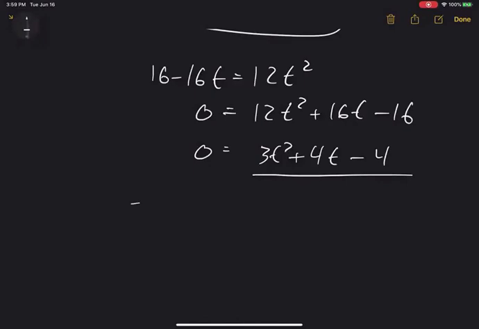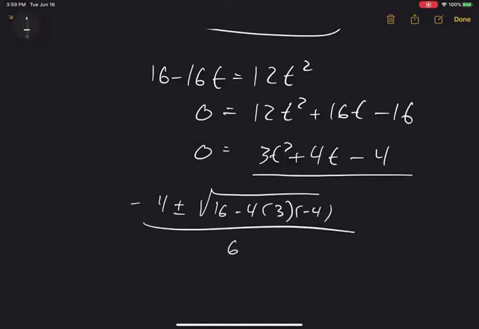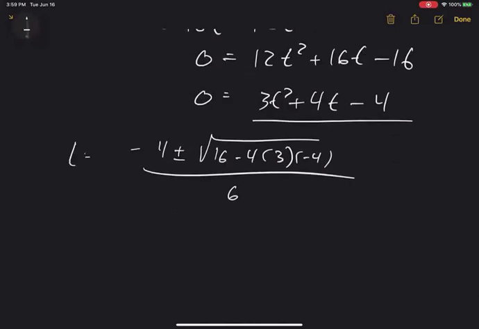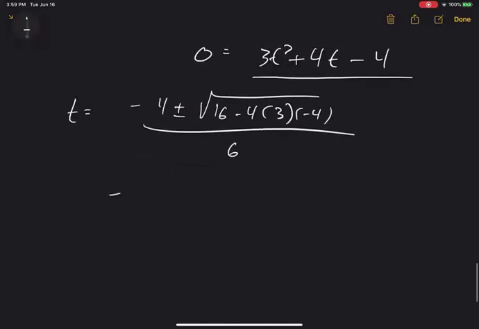So -4 plus or minus the square root of 16 minus 4 times 3 times -4, all over 6. 16 plus 48, that's 64, right? So -4 plus or minus 8 over 6.